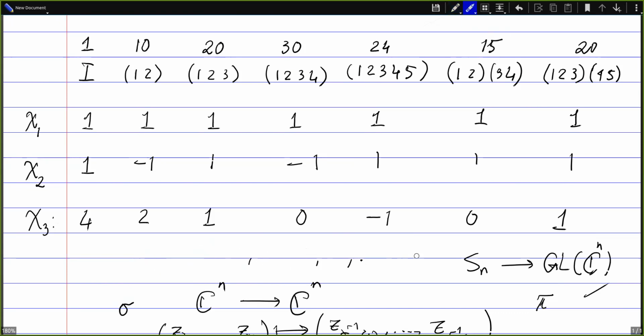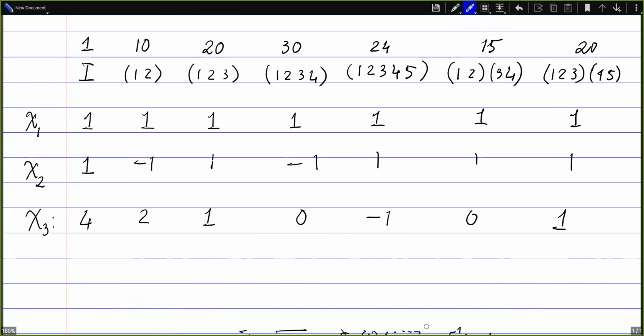But the question that remains is whether this has its place in the character table or not, in other words, whether this is irreducible or not. Let's check that. In order to show whether this is irreducible or not, we consider the inner product of chi3 with itself, and that can be easily seen to be the following.